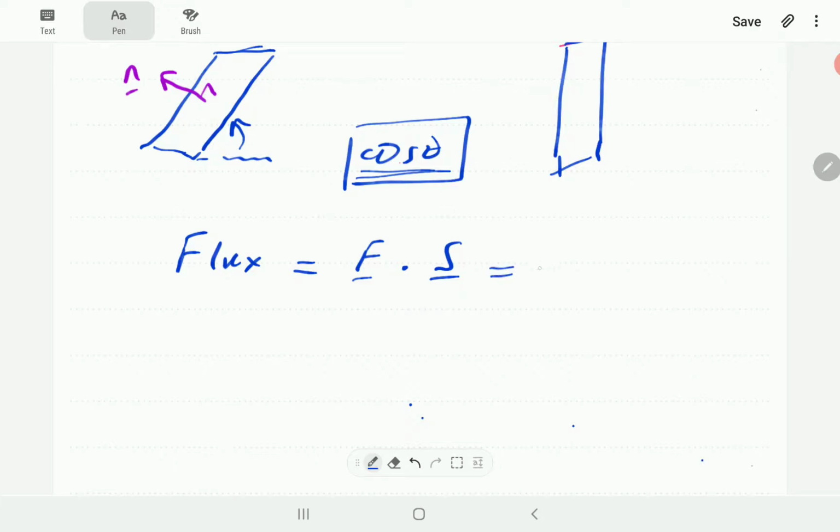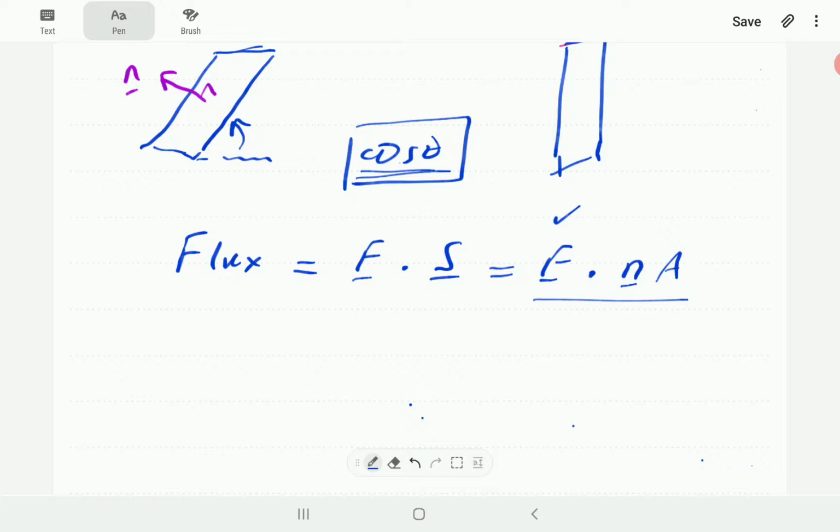So if we express it in terms of a vector, it's going to be the normal times the size of the surface. If our vector F here is a constant, then this is the formula that is going to do it for us.